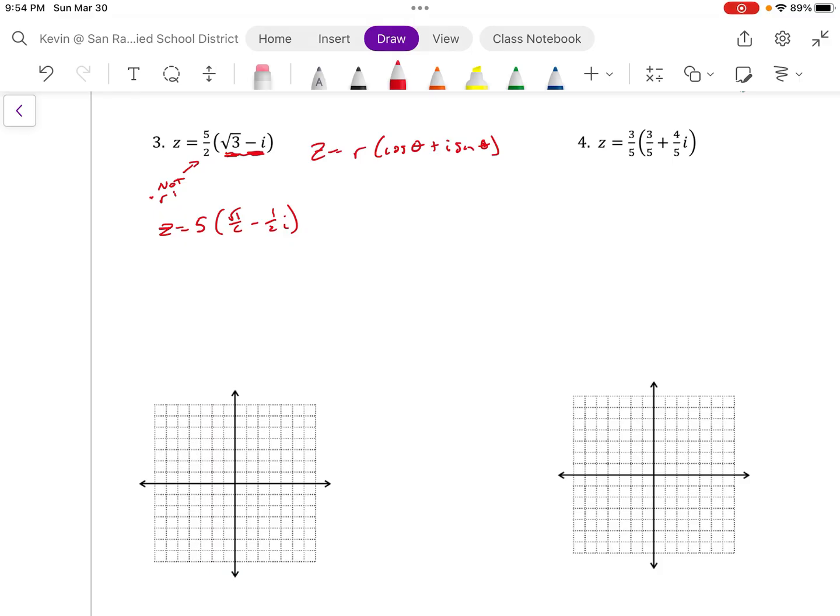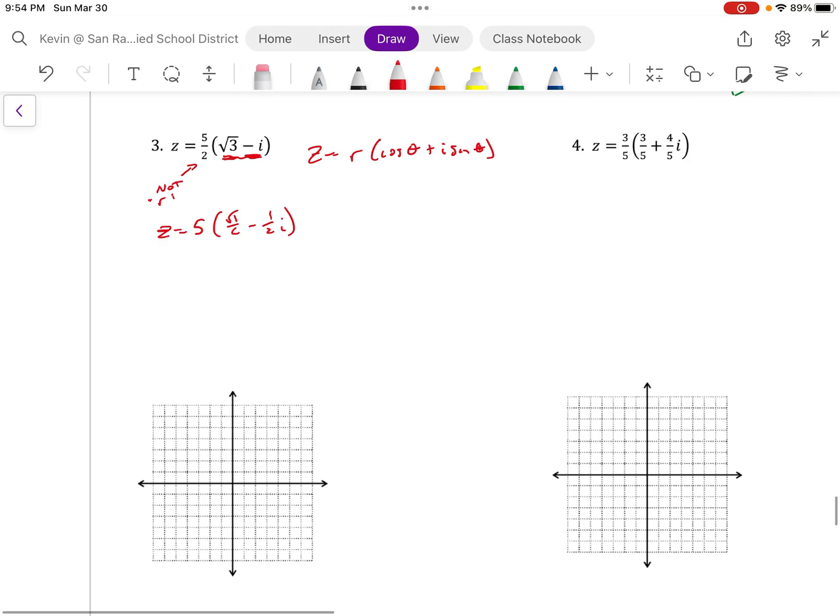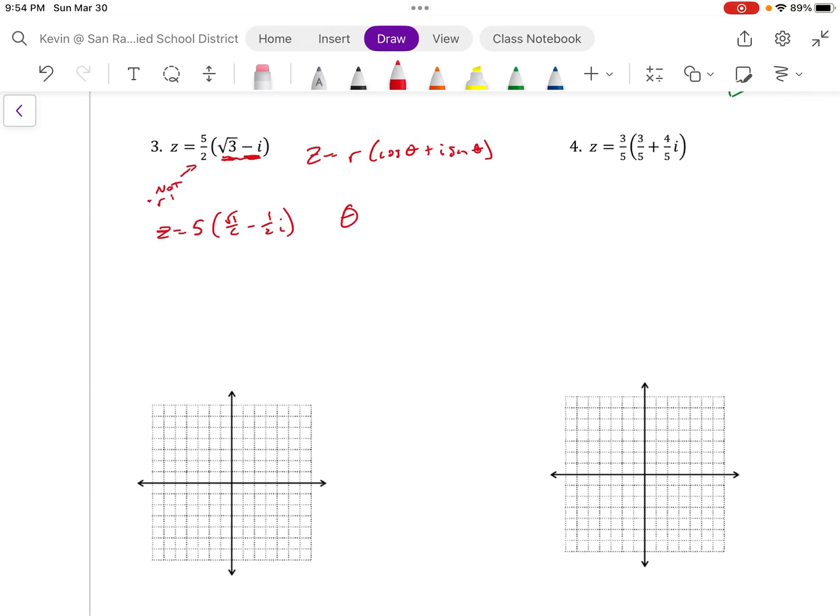And then if you took out the 1/2, I personally am going to figure out what my angle is. So what is theta?